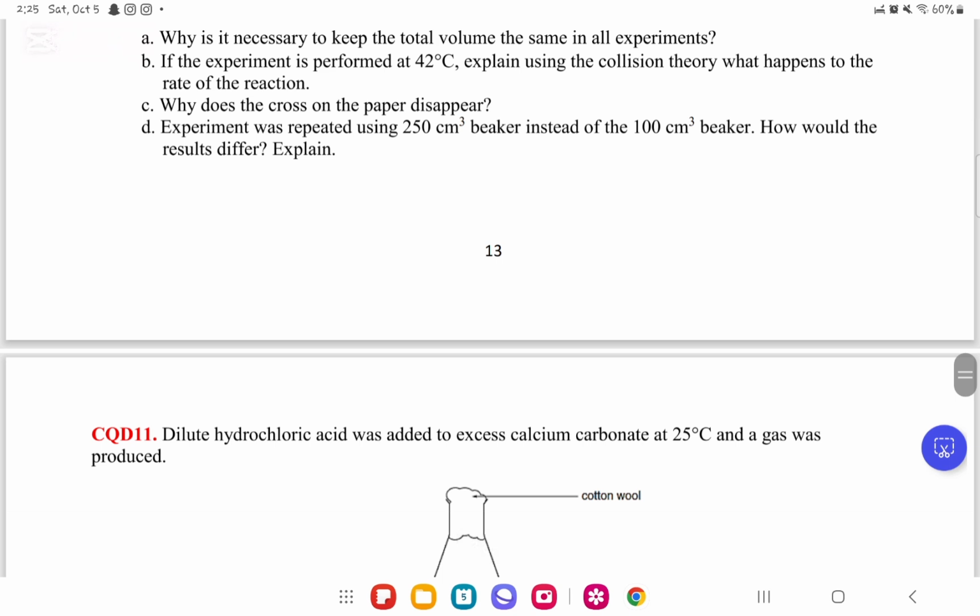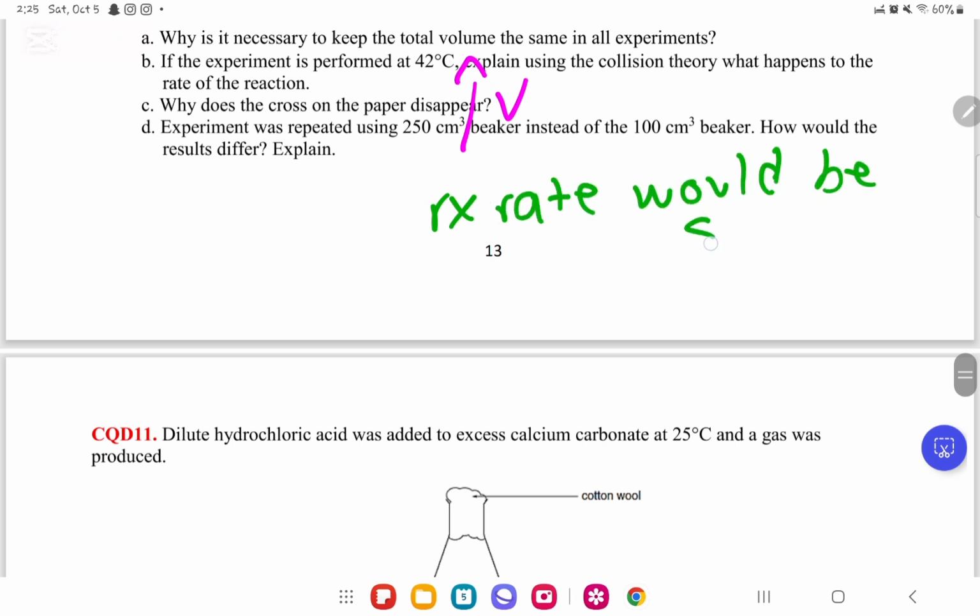How would the results differ? We are increasing the volume. We said if we increase the volume, what happens? The reaction rate would be slower, or in this case, because we're increasing the volume, also the surface area of the bottom will increase.